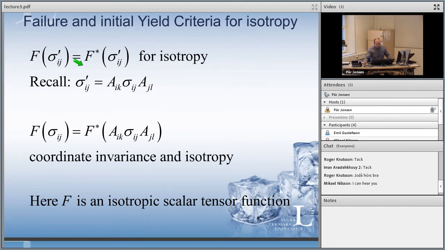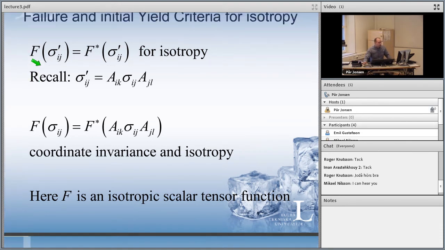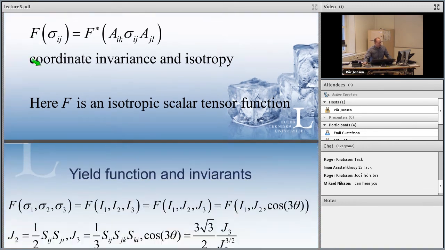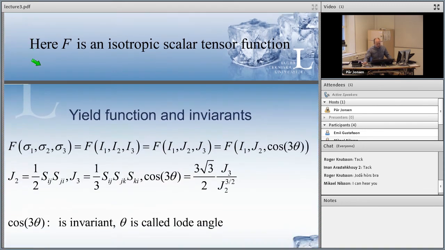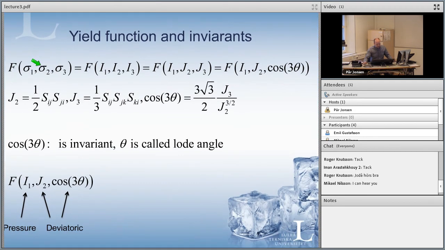So this is just the criteria that you fulfill with the invariant and isotropic criteria. So in this case, this yield function is an isotropic scalar tensor function. This is also described in the book quite well, if you look at that. It's just the criteria for this yield function.